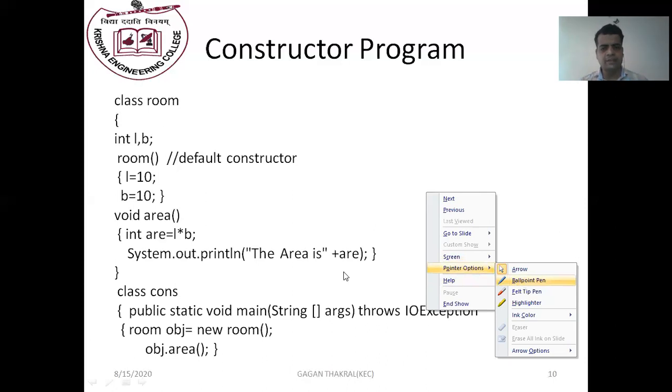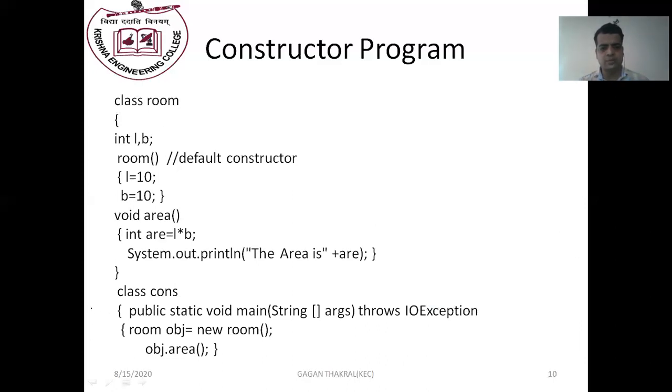What happens, the execution of the program starts from this main function. Then when we create an object of the room class, it will check whether the room class exists in this program or not. The room class exists, so the object is created successfully. When the object is created, this room constructor is called automatically.